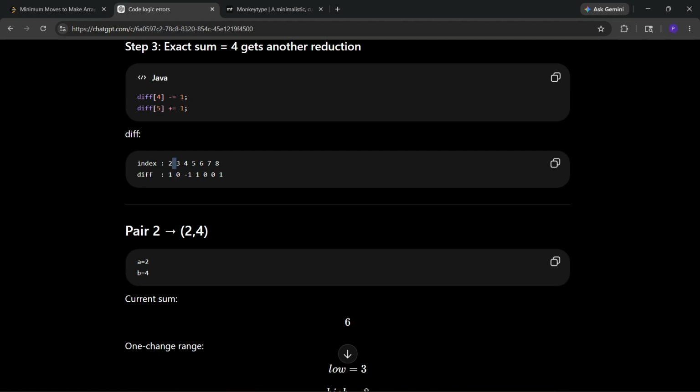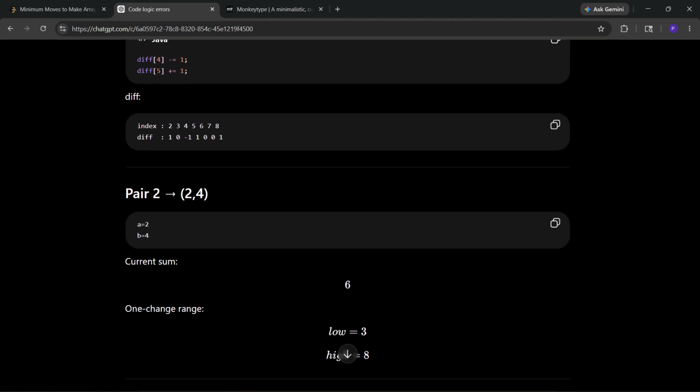So between the range 2 and 4, the net change was 1. So between 2 and 3, the net change was 1. The 2 and 5, no, no, that is 1.